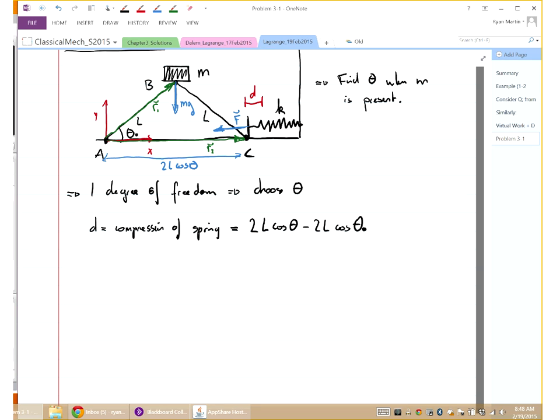So now I need to write out R1 and R2 in terms of theta, because eventually I really need delta R1 and delta R2 in terms of delta theta. So let me write out the vector R1. It's going to have an overall length of L, and it's going to have an x component of cos theta and a y component of sine theta.